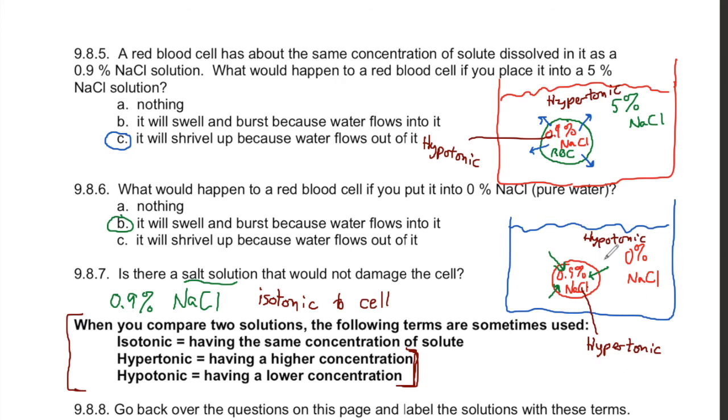The cell bursts when the solution is hypotonic, but they were learning that the cell bursts when the cell is hypertonic, and both of those are true. The cell will burst when the solution is lower in concentration and the cell is higher in concentration because the water will flow in and make the cell swell up. So is that a hypotonic situation or a hypertonic situation? It depends on whether you're looking at the solution or the cell.